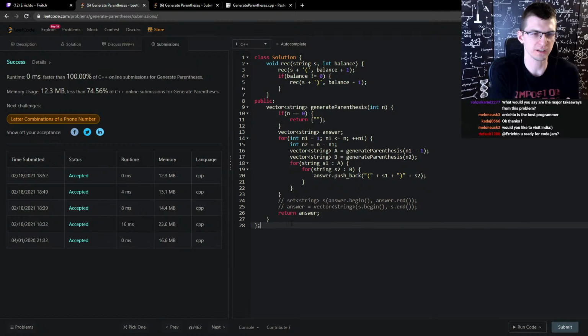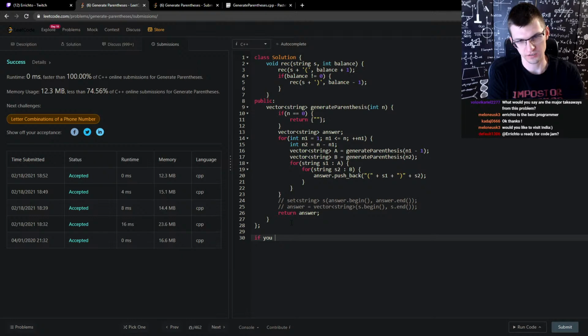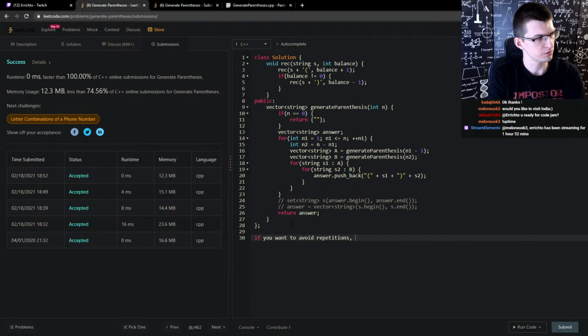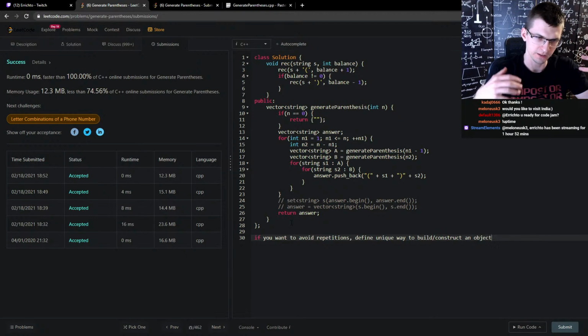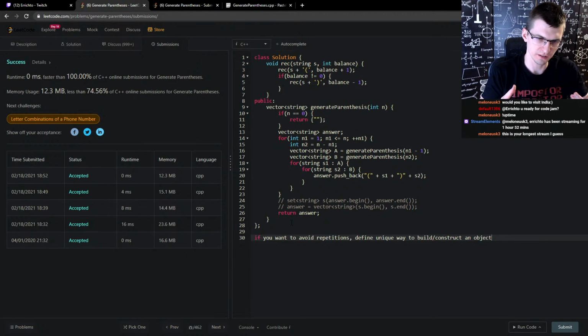The only thing that I would remember from that is that if you want to avoid repetitions, you need to define a unique way to build, to construct an object. By this I mean there are multiple ways to represent how some string consists of concatenation of smaller strings. But there is a way to say uniquely how it's constructed.